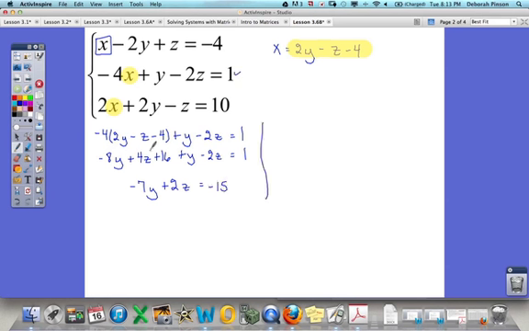That's this equation. And then I'm going to plug into the other one. Okay, same thing. Simplify down.